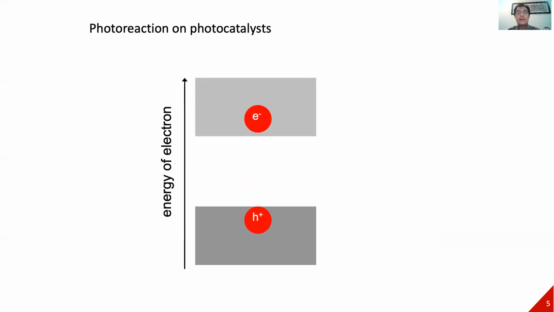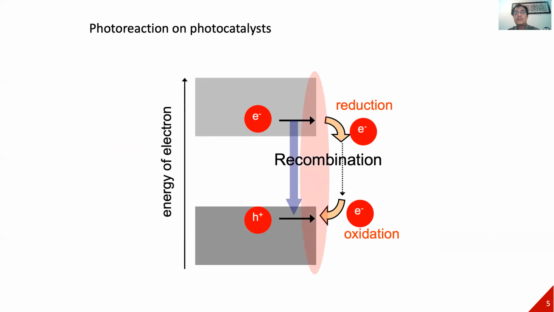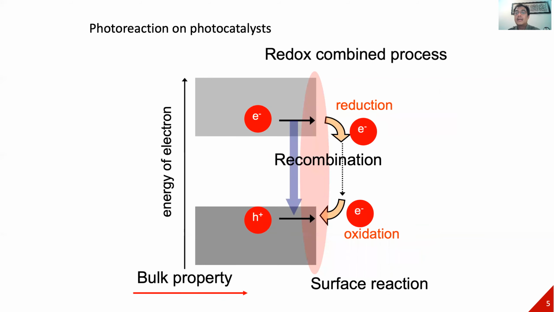So the reaction of photocatalysis occurs by the excitation of the electrons from the valence band to the conduction band, and we leave a hole at the valence band. Then there will be a recombination process where the electron and hole recombine.